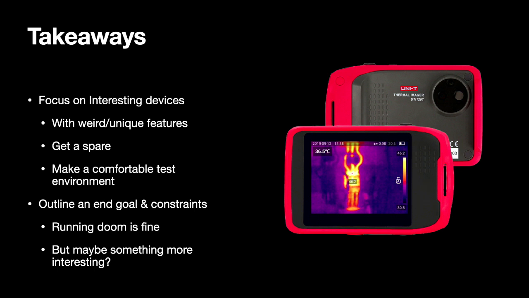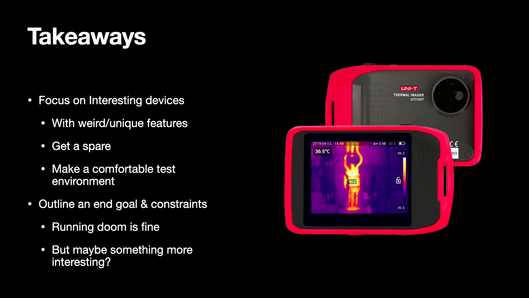These are hobby projects I spent some time on, and I wanted to point out some of the takeaways that I wanted to give in this talk. When I'm choosing a device to take a closer look at or have fun with, I'm focusing on some sort of interesting device, something that has a weird set of features, like the car head unit obviously fits in the car that I already have, so it's interesting from that point.